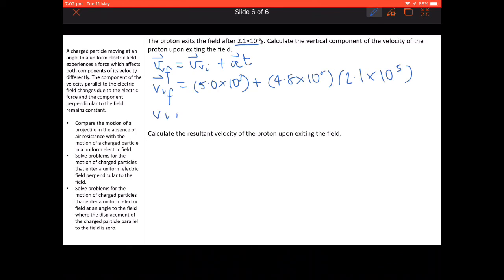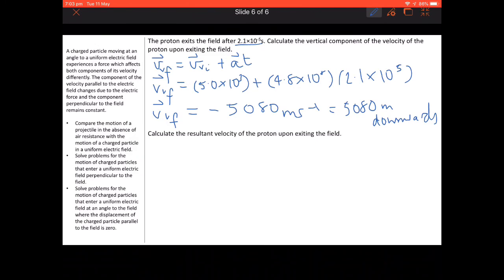Therefore, popping all of that into a trusty calculator, we'll end up with a final velocity of negative 5,080 meters per second. So in other words, 5,080 meters per second downwards.